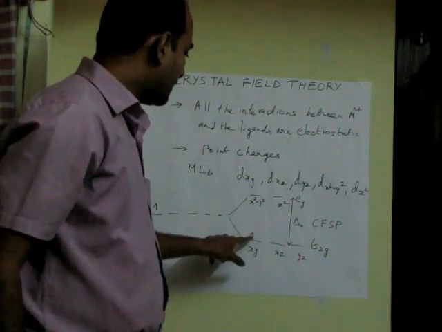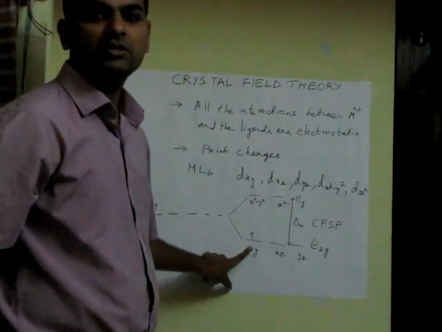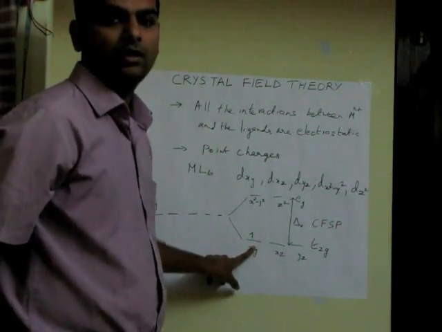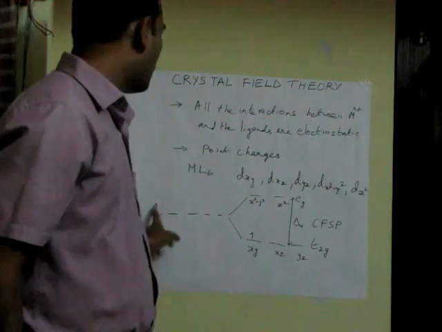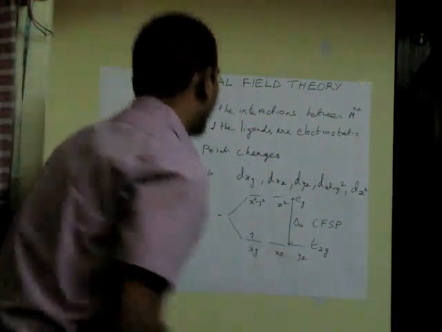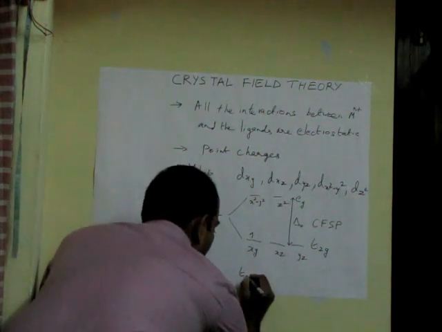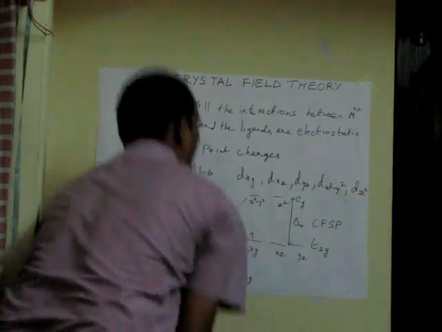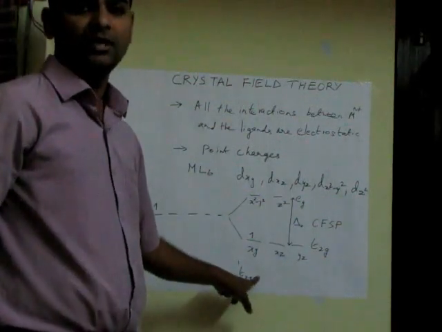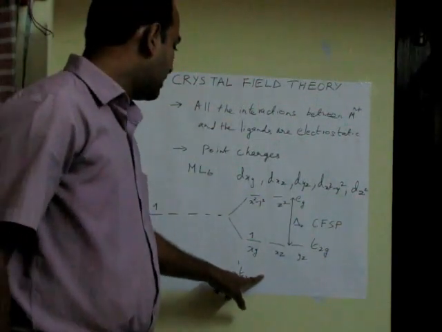So this will represent the ground state configuration of a coordination complex with one d electron, and its electronic configuration can now be written as t2g1. Obviously eg will be 0, so I am not going to mention that here.